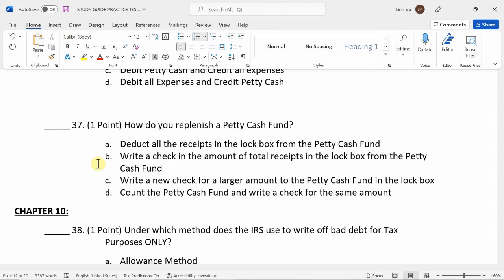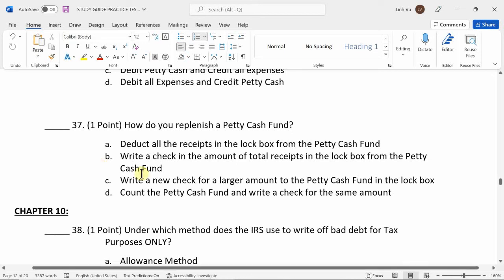So it would be B then, if that's the way that you read it. Yes. You wouldn't write a new check to the box, because then you're putting too much money into the petty cash fund, and you wouldn't count the petty cash fund and then write a check for the same amount. So in this case, letter B is correct.